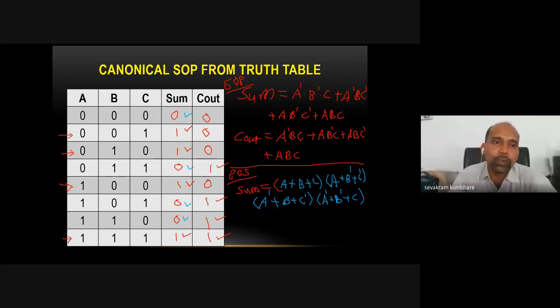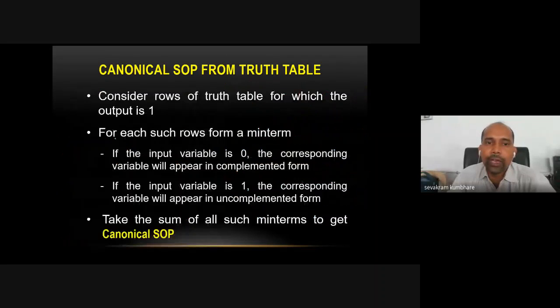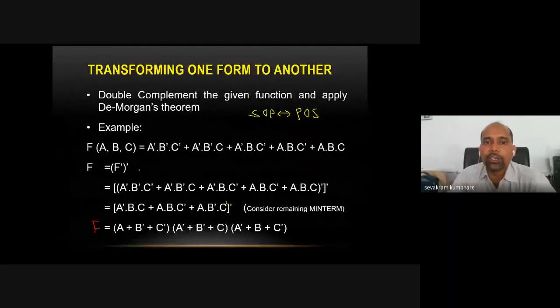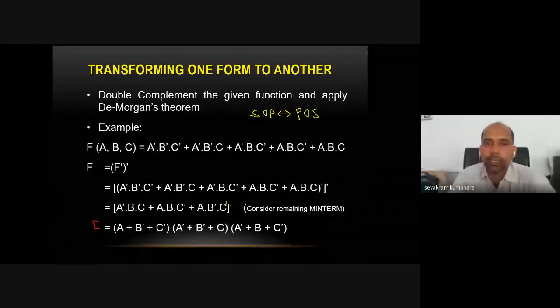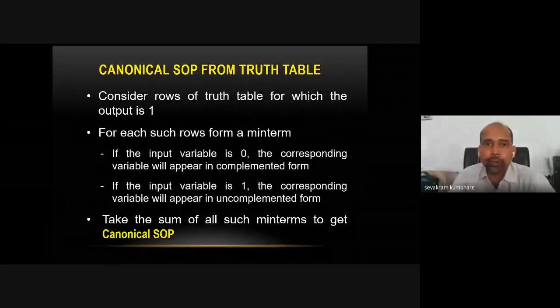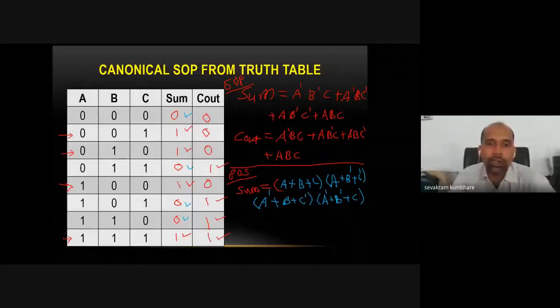In this expression, we have taken the remaining terms which are not considered previously. So POS is nothing but the complemented form of sum of product, and sum of product is the complemented form of POS. All of you got this?